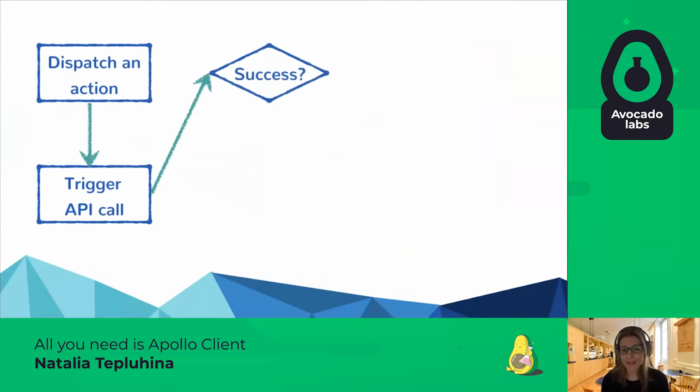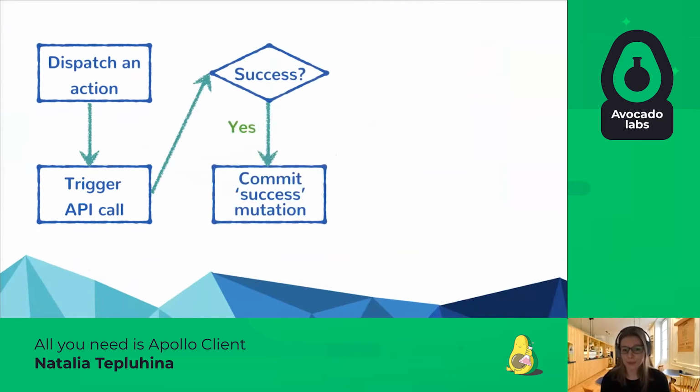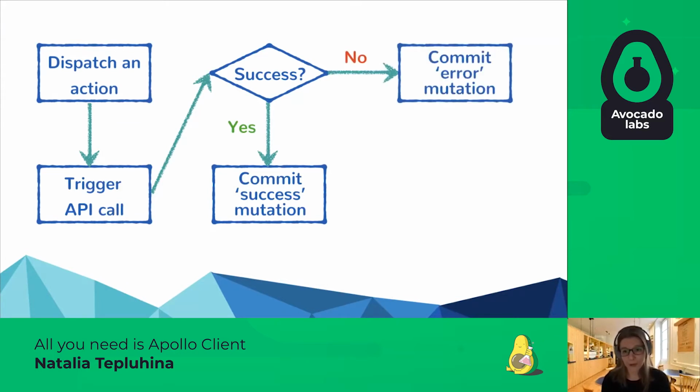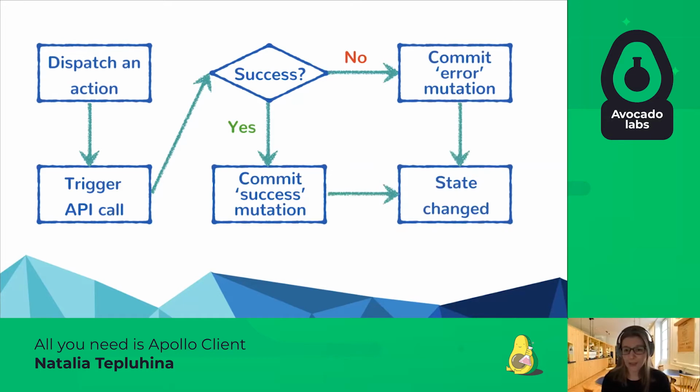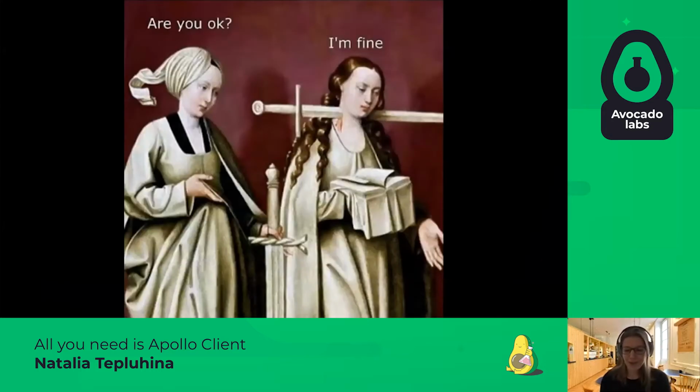If everything is fine, we commit a mutation saying it's successful and save the data. If it's not successful, we commit an error mutation, saving an error. Only after this set of operations does our local state change. Well, seems fine enough, right? It's a bit of boilerplate, but still a bit annoying.